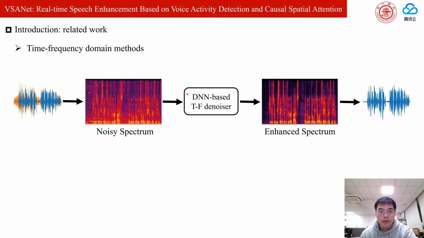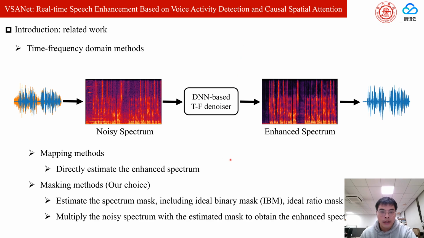The deep neural network is subsequently employed to process the noisy spectrum and perform noise suppression, resulting in an enhanced spectrum. Finally, the enhanced spectrum is converted back to the enhanced speech using the inverse time-frequency transformation.